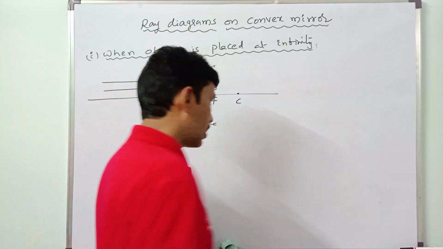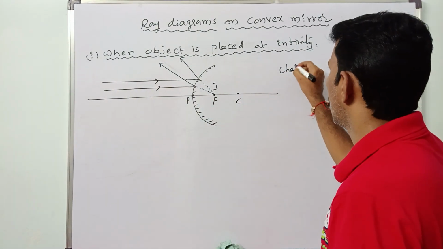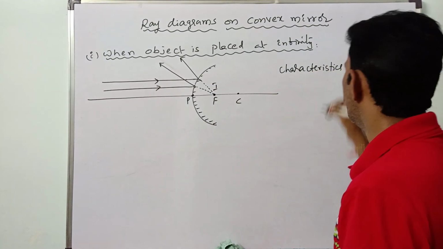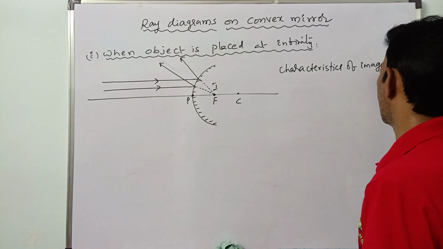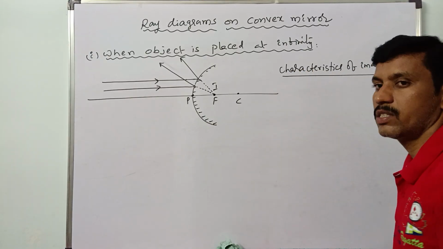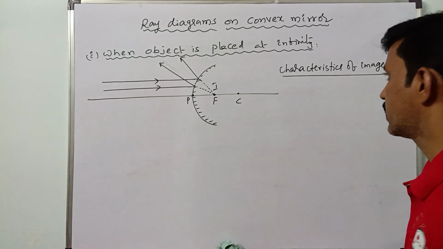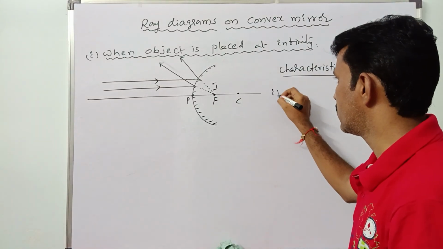So now let us write the characteristics of the image when the object is placed at infinity in front of the convex mirror. Now which type of image is formed? First, where is the image formed?